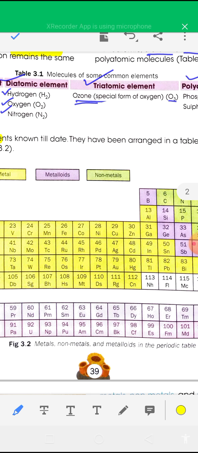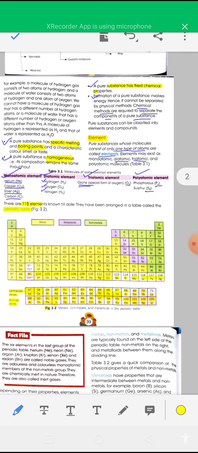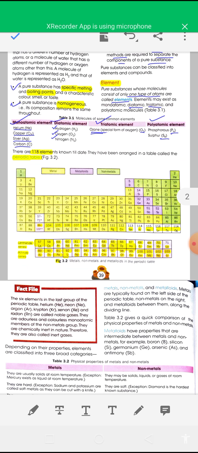These 118 elements have been arranged in a tabular form which is known as the periodic table. So this is the periodic table. In this tabular form, all the 118 elements are arranged according to their atomic number.